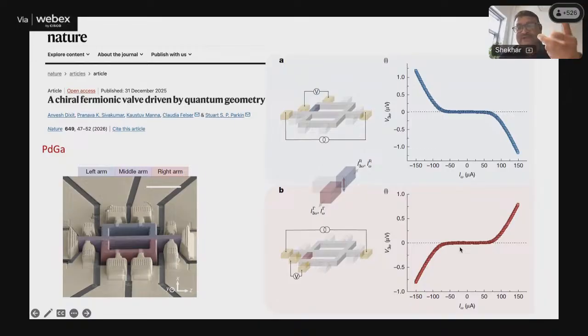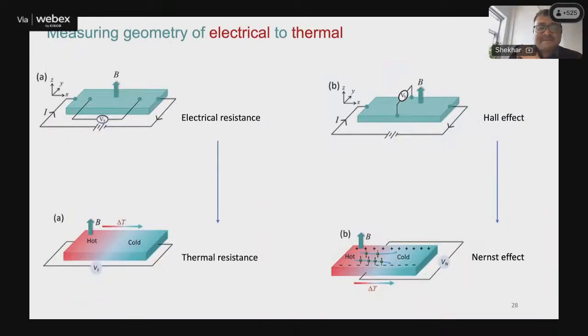So either we change the contact left and right, or we change the material itself, left-handedness to right-handedness, and we can expect all these things. With this I want to finish my first talk, then we can discuss further.